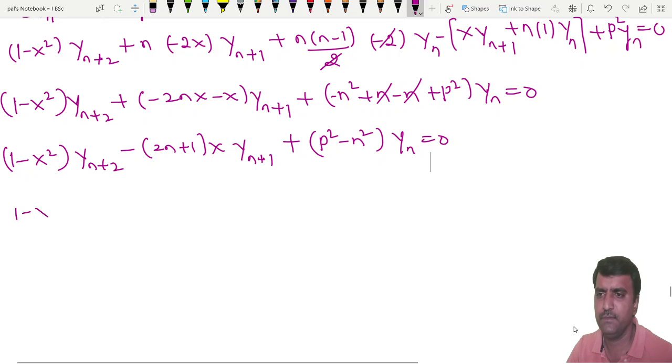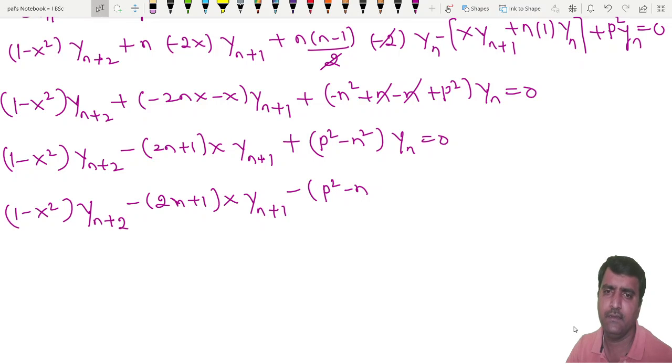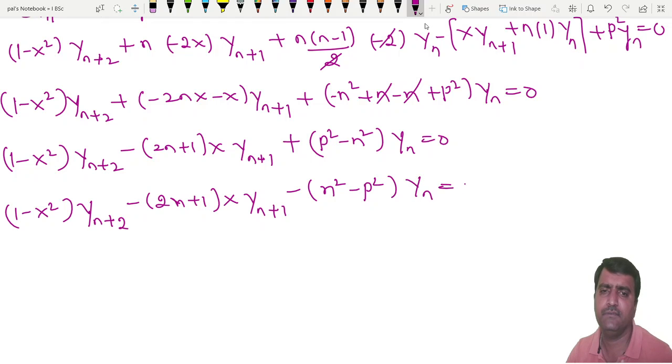Write that one more time. 1 minus x square into yn plus 2 minus 2n plus 1 x into yn plus 1, and if you take minus outside, then it becomes n square minus p square into yn is equal to 0.